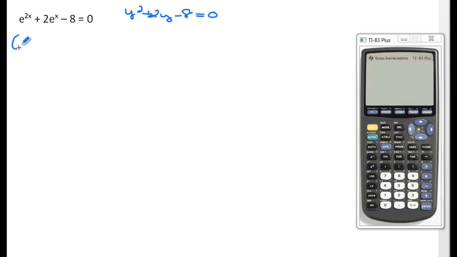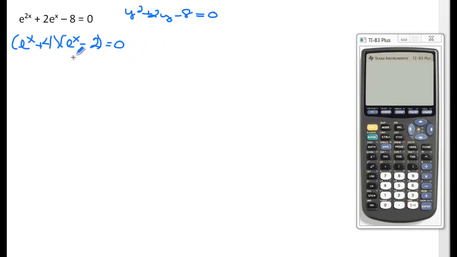We would call this e to the x, and we need to have factors of 8 that subtract to become 2. So 4 and 2 are our options, and we need the larger one to be the positive value. So that looks a lot better.